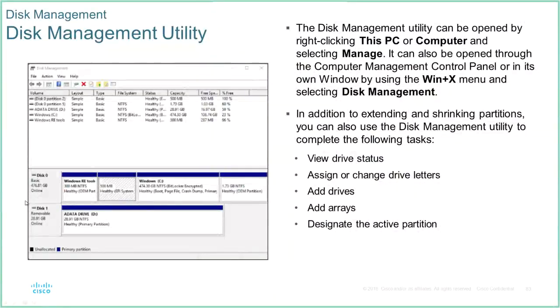So down here we see 2 physical drives, disk 0 and disk 1, and within that you'll see all the partitions that are available, and some of these partitions will come up saying unrecognized or something like that, and basically what that means is it's being used by another operating system when you've got dual boot, things like that.